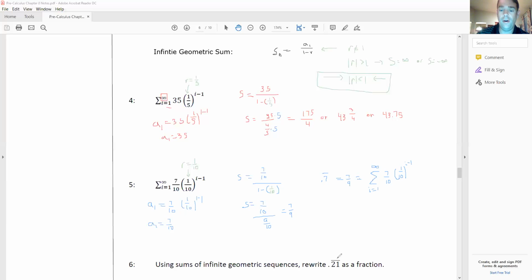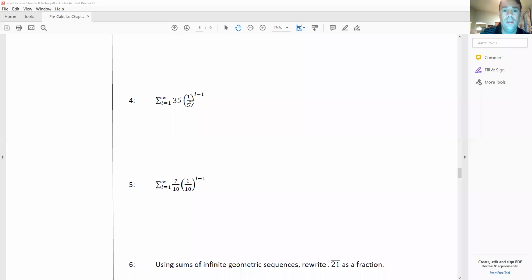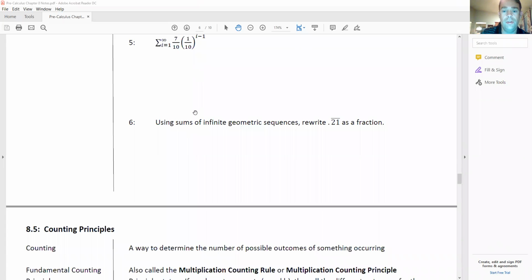So somehow it looks like a repeating decimal is actually equal to an infinite geometric sum. This is going to be the last thing that we play with here today. If this is the case, that means I should be able to use a geometric sum to write any repeating decimal as a fraction. And that's literally what we do here at the end.